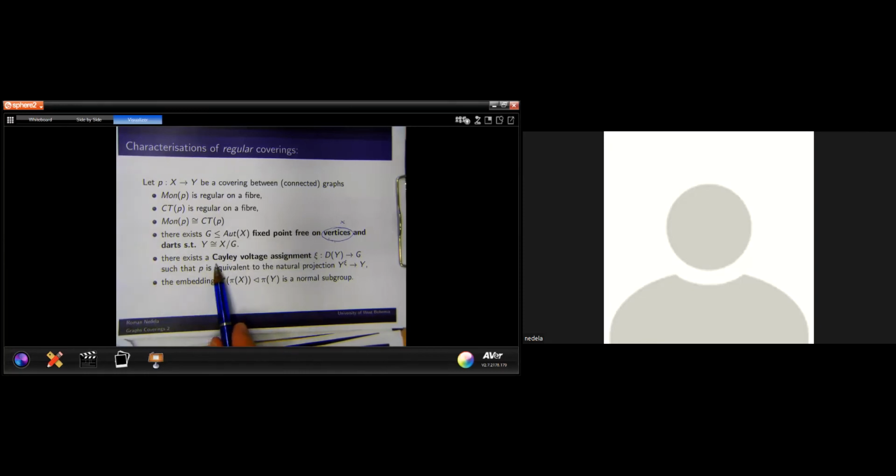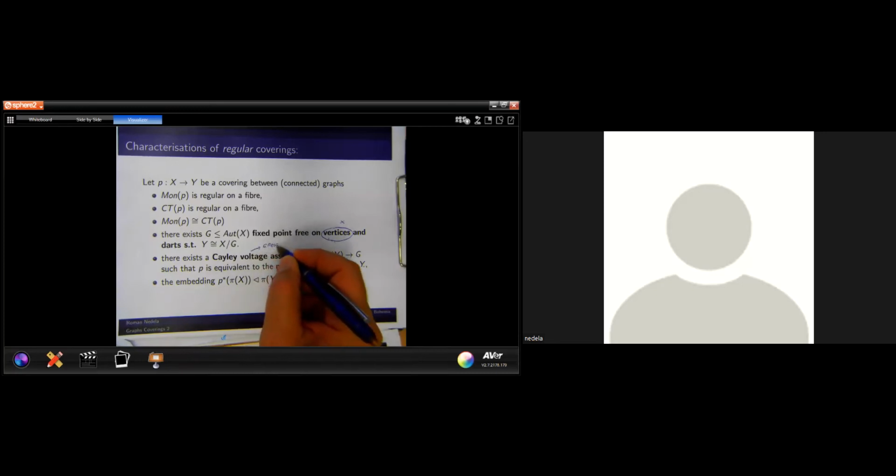It says that there exists a Cayley voltage assignment, that means some mapping from the set of darts of the base graph into a group G, such that we can form a derived graph using this voltage assignment, and this derived graph covers Y. If you look at Gross and Tucker's book, then these are called ordinary voltage assignments.